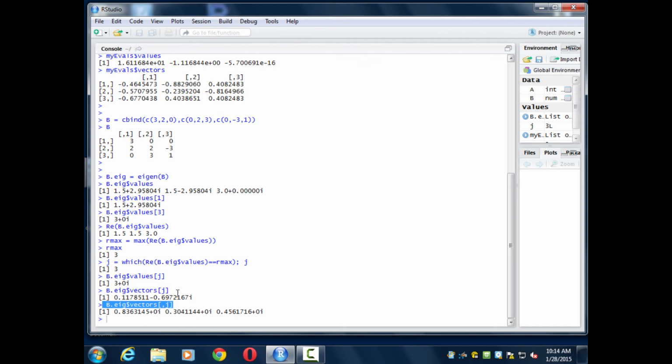In this case we have to specify inside the square bracket, we have to leave one space blank, comma, and that followed by the index. In other words, we're extracting column number 3, and this will give us this vector, which is the eigenvector of the eigenvalue with the largest real part. And this concludes our discussion on the computation of eigenvalues and eigenvectors using R.